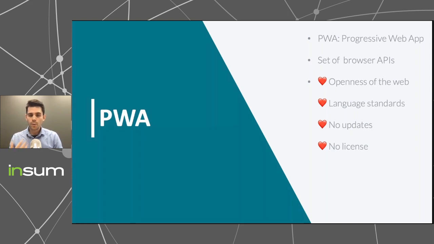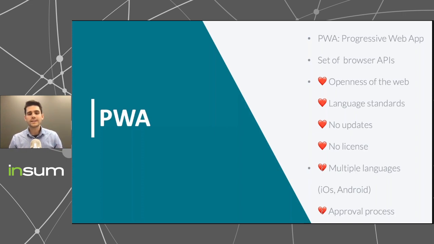I've always been a web developer. I love the openness of the web and the freedom it gives. I love the standards of the language it uses. I also love the fact that web apps can be released without involving user via system updates or anything. I also love the fact that web apps don't need a special license to develop on a platform like iOS.